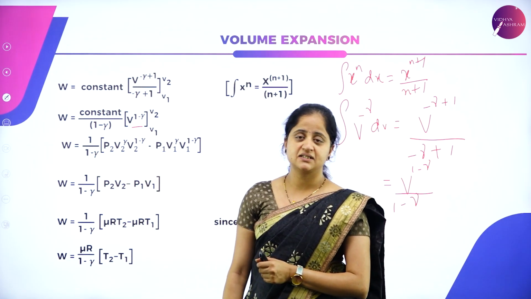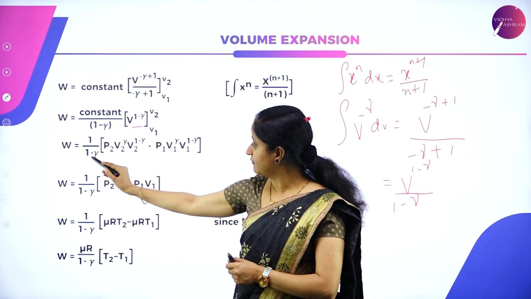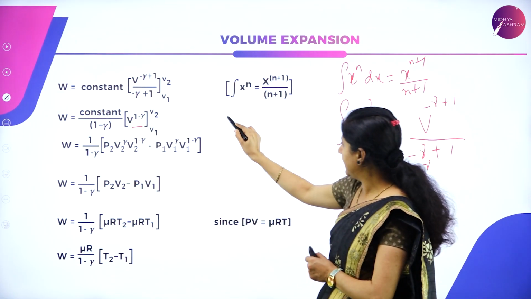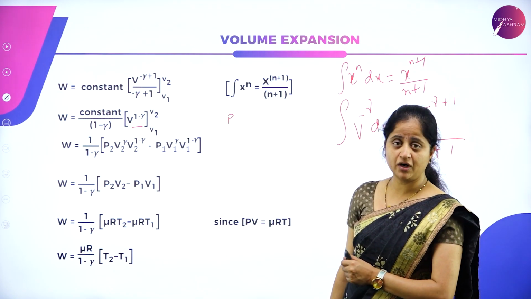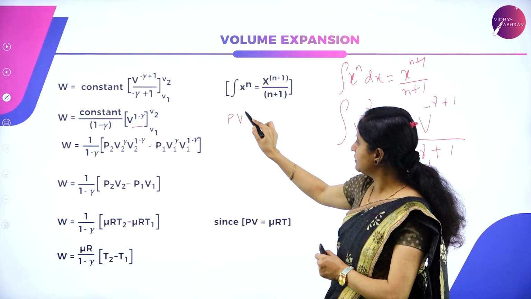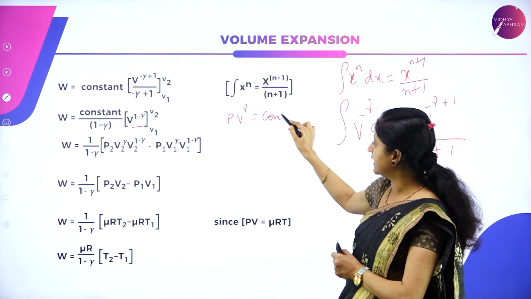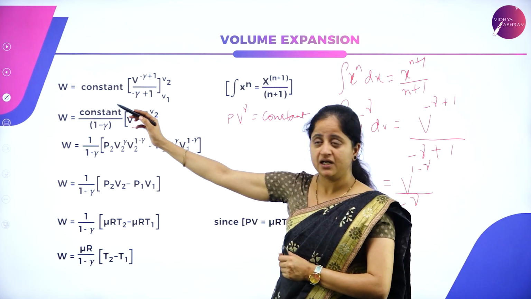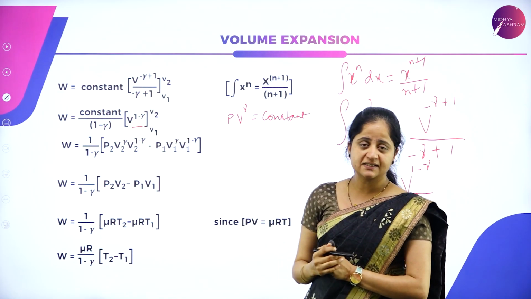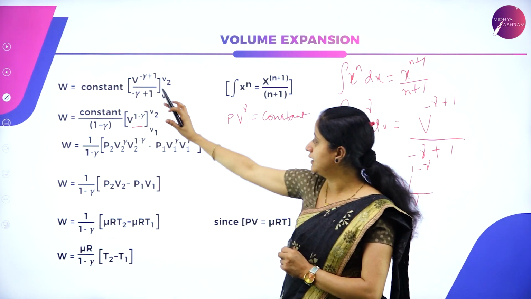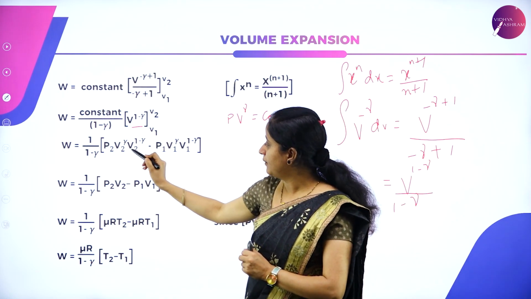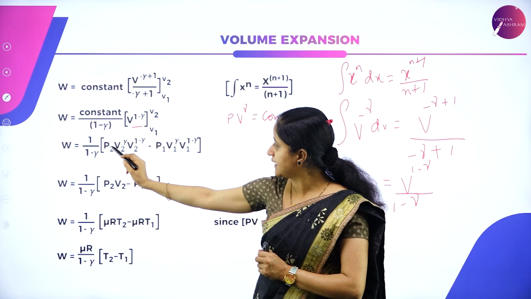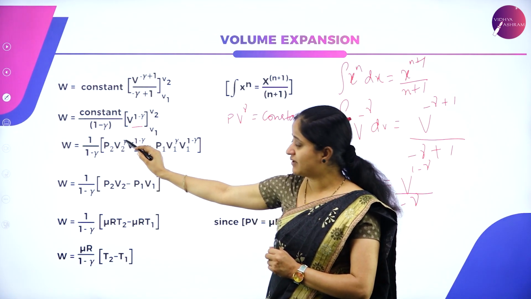The total work done is W, which is equal to 1 divided by 1 minus gamma. Now as we all know, according to the equation of state for adiabatic process, PV to the power gamma is equal to constant. So in the place of constant I can write PV to the power gamma, and when you take this inside the bracket by applying limits, when volume is V2, the pressure is P2, so I can write it as P2 V2 to the power gamma.